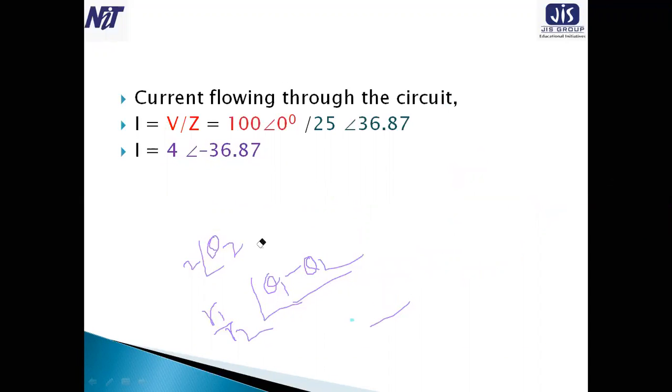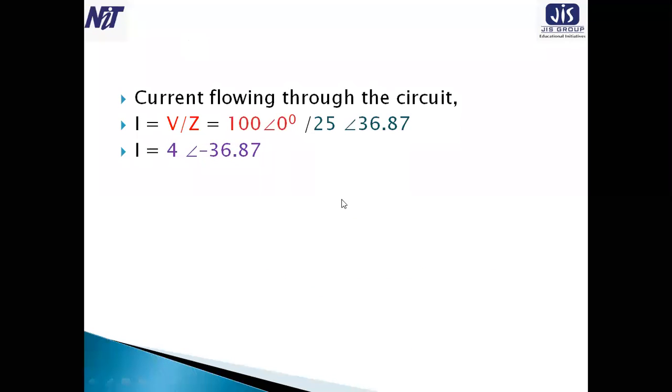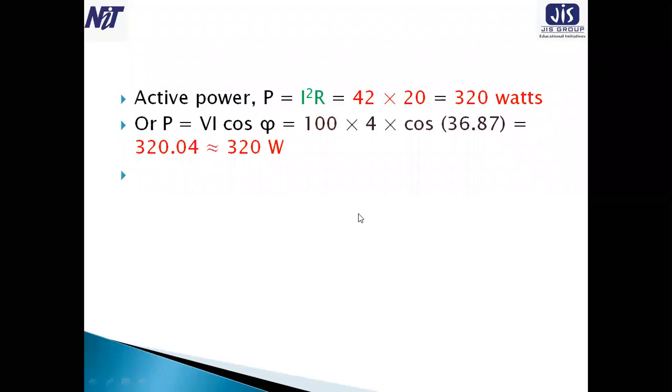Now we have to find the active power. There are two equations to find the active power. The first one is P equals I square R. I is the current flowing through the circuit.